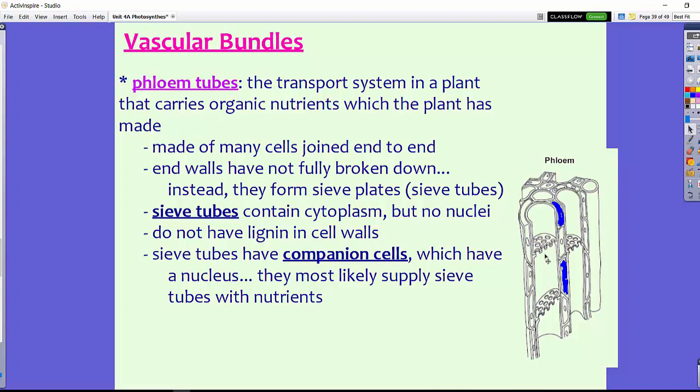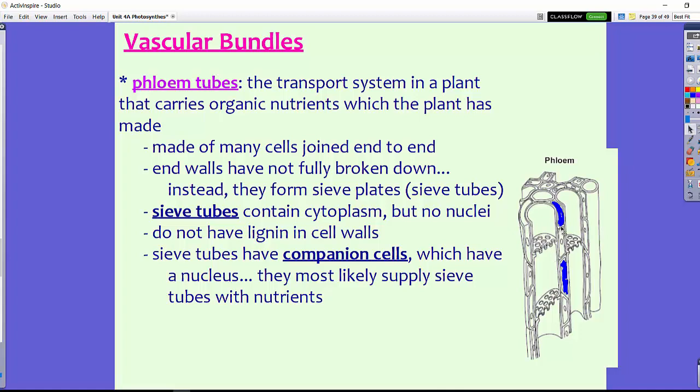Now these sieve tubes contain cytoplasm, but they do not have nuclei. They also do not have lignin in the cell walls, like the xylem does. The xylem has those lignin cells. Sieve tubes have companion cells as well. These companion cells do have a nucleus.